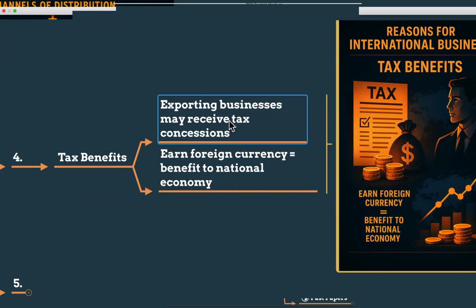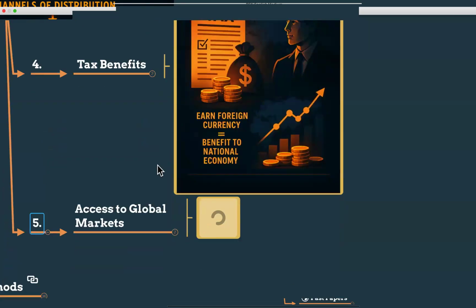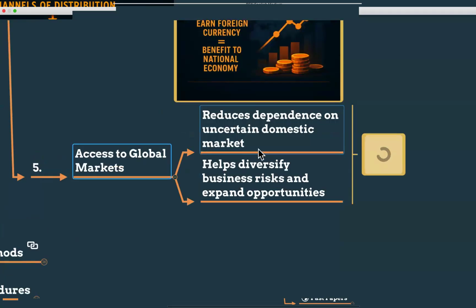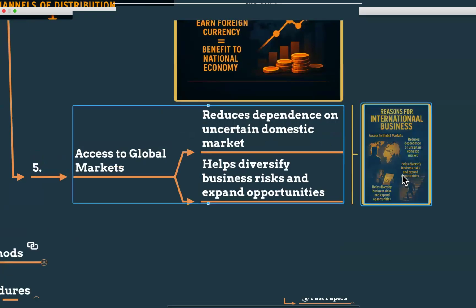For example, if you are running a software company and you are developing apps for US companies, you pay very minimal tax. The government supports you because you bring dollars to the country. You employ local programmers here. So tax benefits. At the same time, access to global markets, right?